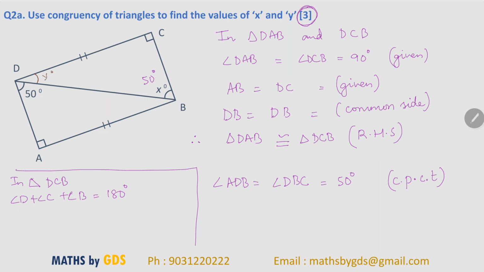Angle D is y, angle C is 90, angle B we just found out is 50, and the sum should be equal to 180. So y should be equal to 180 minus 90 minus 50. Therefore y is equal to 40 degrees. So the answer is x is equal to 50 degrees, y is equal to 40 degrees.